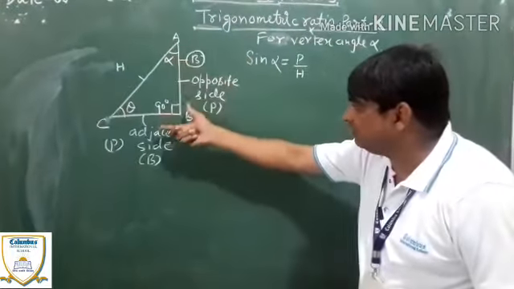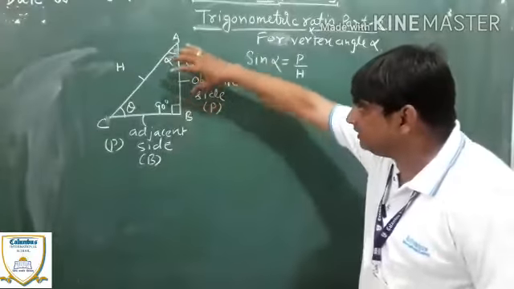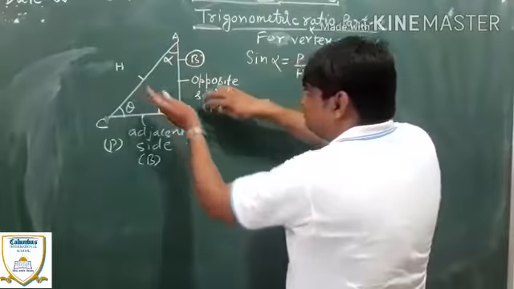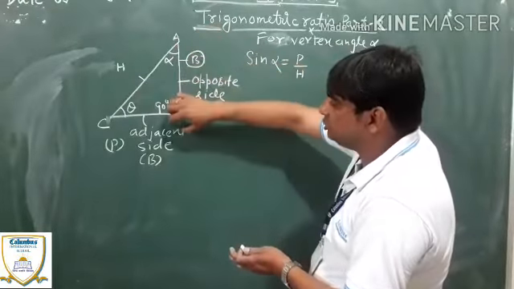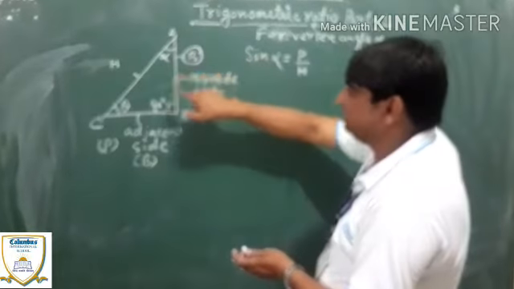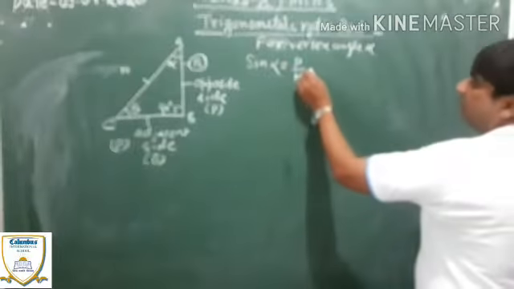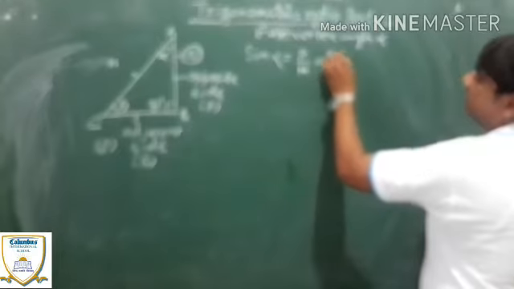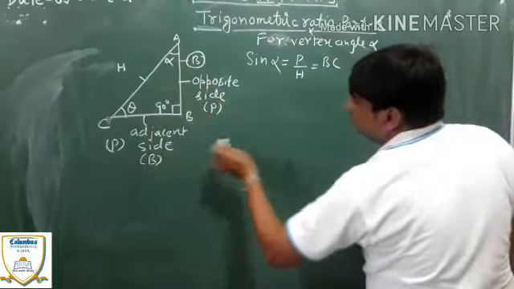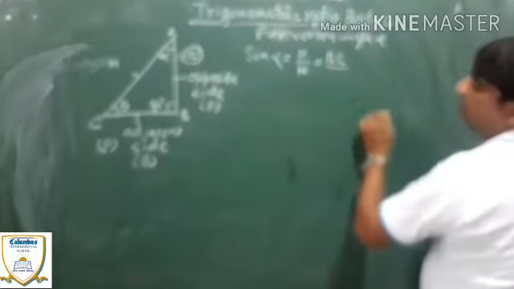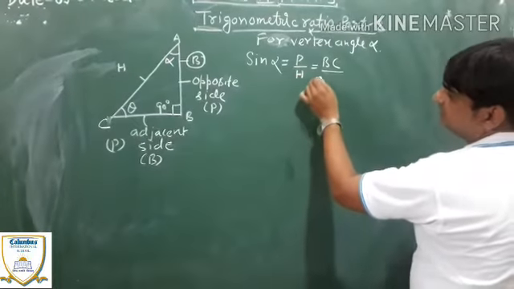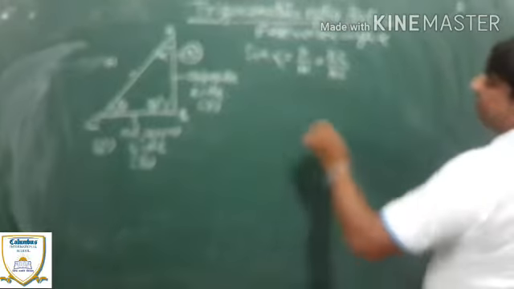For this angle, already you know that when you move this right angle triangle, base is changed into perpendicular and perpendicular is changed into base. So BC is perpendicular for this angle. BC upon H is the same, AC.